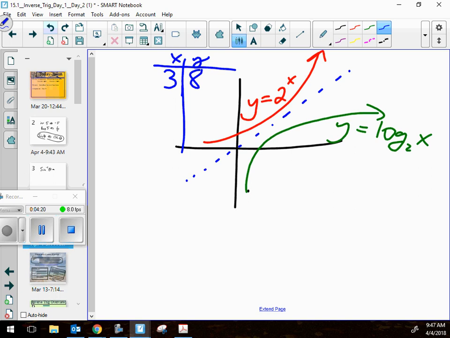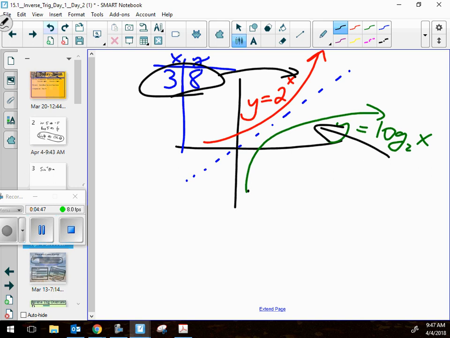Say it if you know it. Man, you guys are really slow this morning. If 3, 8 is on this graph, what would be on that graph? 8, 3. They reverse. Remember the whole x and y get reversed thing? Okay, so that's a quick reminder of what inverses are.